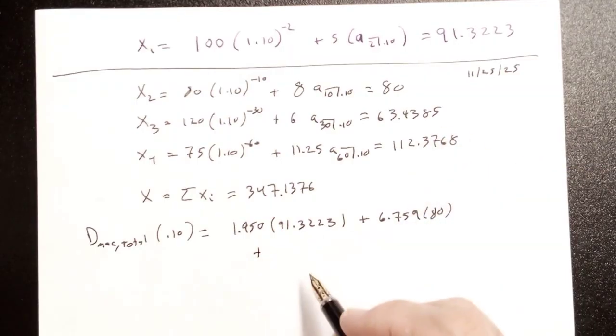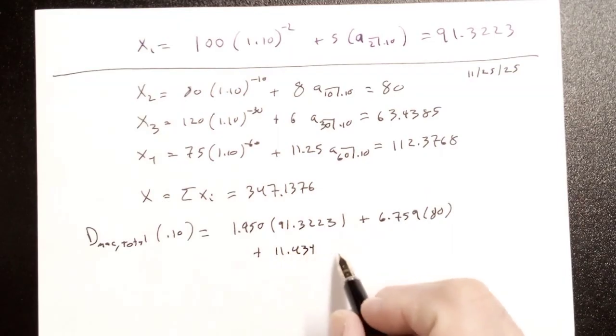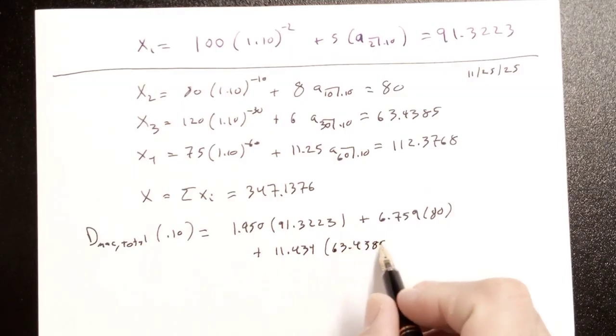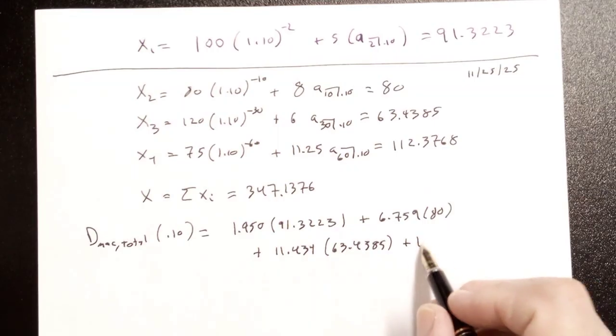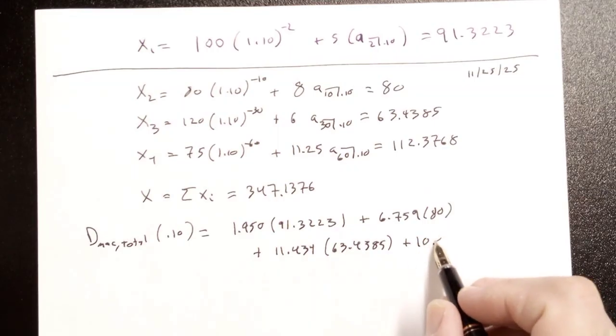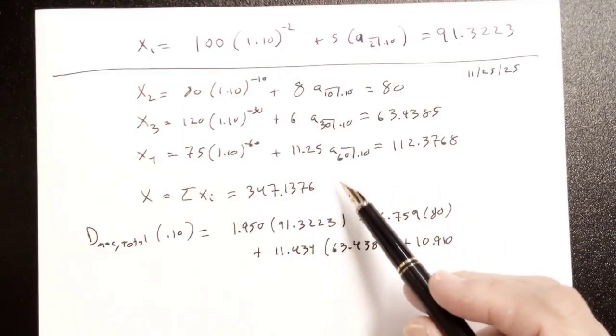The duration on the $63 was 11.434. And the duration on the last bond was 10.910. That shifted forward because of how big the coupons are.